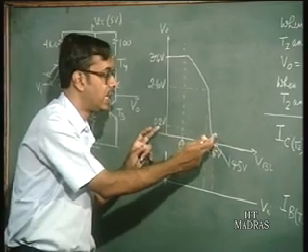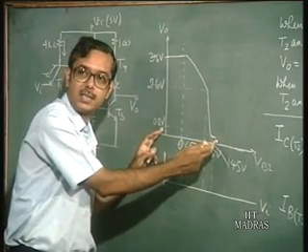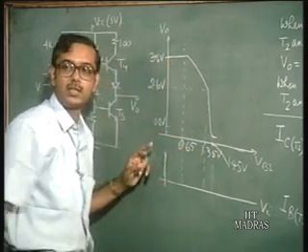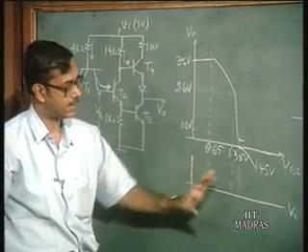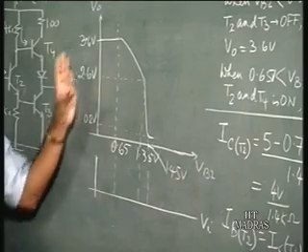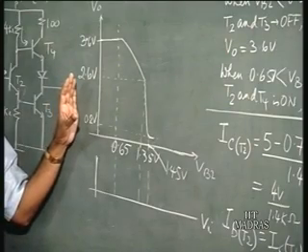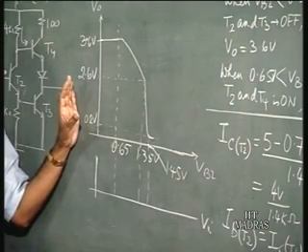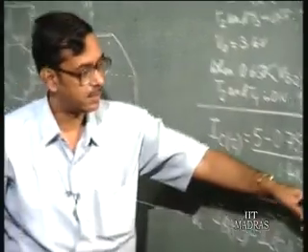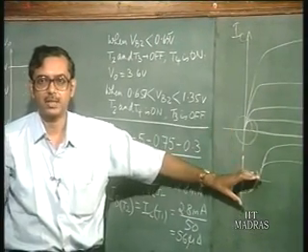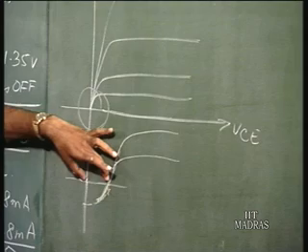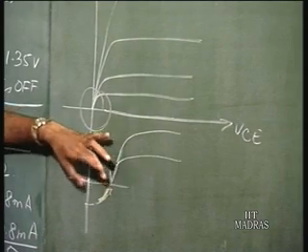Now if VCE is 0.1 volts for T1 in this entire range, we have to shift this axis by 0.1 volts to get the input output characteristics. Of course it is not constant, but it is almost constant, it changes by a very small amount because this entire range is very small. So it is around 0.1 volts.